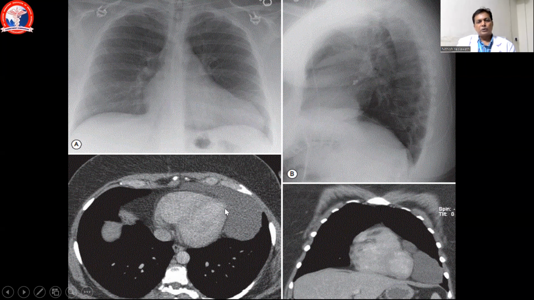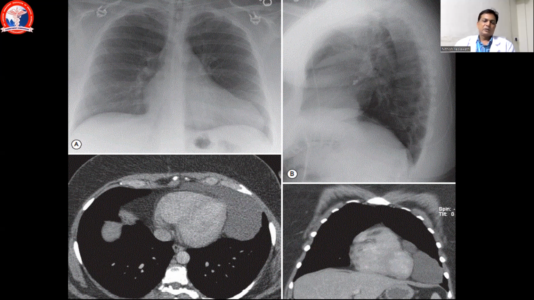What we get to see on the axial contrast enhanced image is that this is near the pericardium, anterior and left lateral to the heart apex. Fluid density area in close proximity of the heart. Here we are seeing the same thing in coronal images as well.